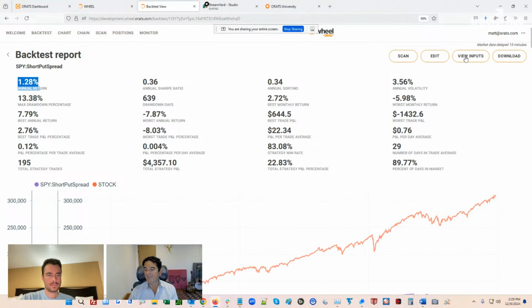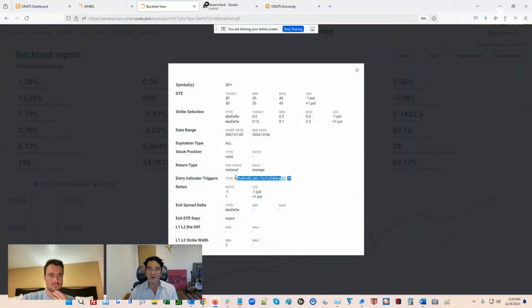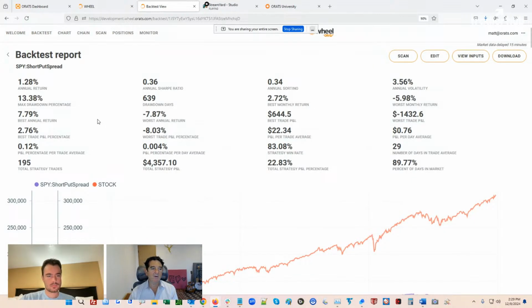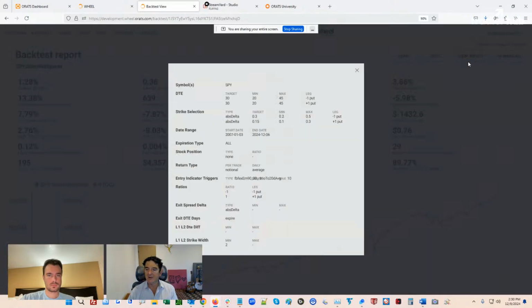So again, that's just another way that you can use these indicators in backtests and try to find which ones work the best and create a thesis. You don't just want to go curve fitting, but you want to create a thesis. For example, it looks like you want to trade this when the VIX is higher, so you get more. Or in this case, when the market might seem a little bit unstable, when that FB is a little bit high.